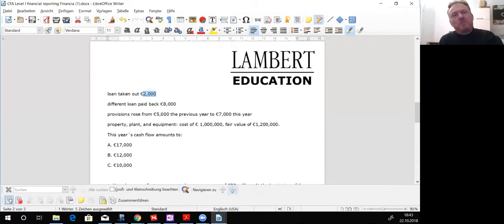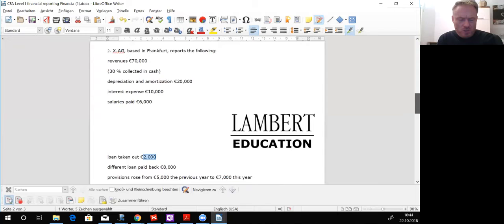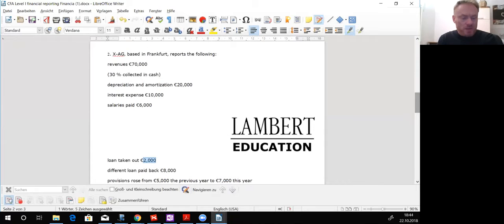It's neither cash inflow nor cash outflow. Property, plant, and equipment, cost of 1 million, fair value of 1,200,000, is neither cash flow. But the salaries paid are, and so are the interest expense. But depreciation and amortization are not part of cash outflow.